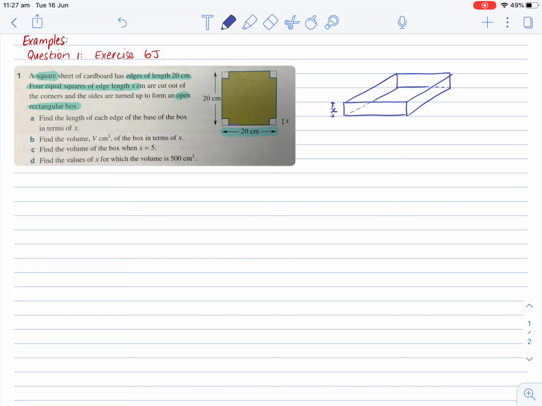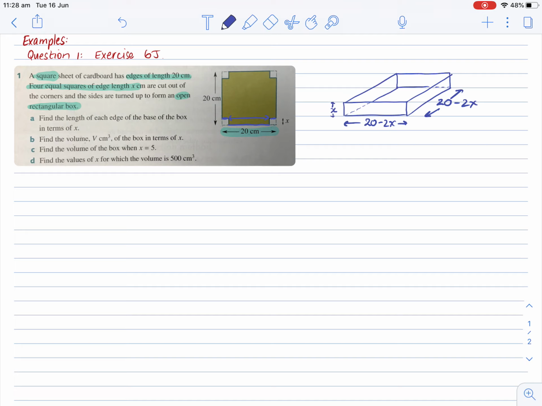So if I want just that bit there, it would be 20 centimetres take away an x on the left and an x on the right. So that's the same as 20 centimetres take away 2x. And because it's a square, I use that information to tell me this side here has to be exactly the same as well. Cool, so I've got my three-dimensional diagram.